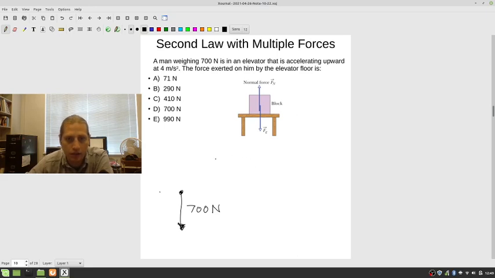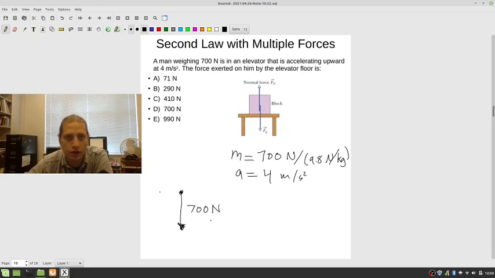He is accelerating upward. So how would I find his mass? Well, that would be 700 newtons divided by 9.8 newtons per kilogram. That would give you his mass in kilograms, because the force of gravity is equal to m times g. And it says he's accelerating upward at 4 meters per second squared.